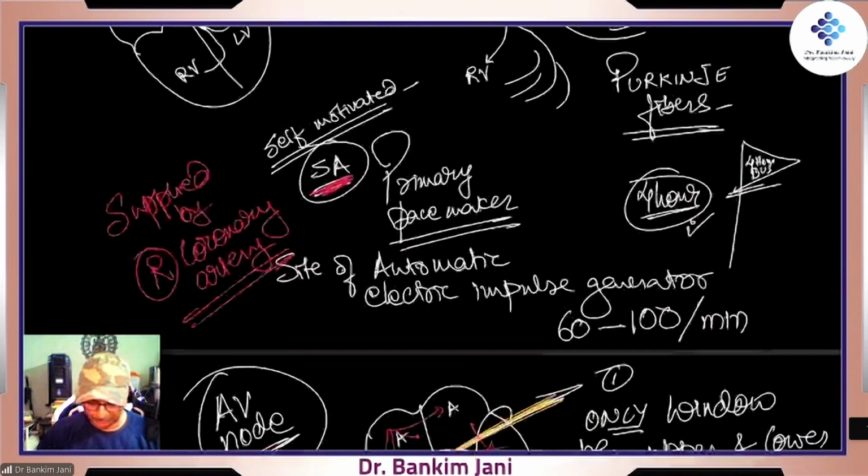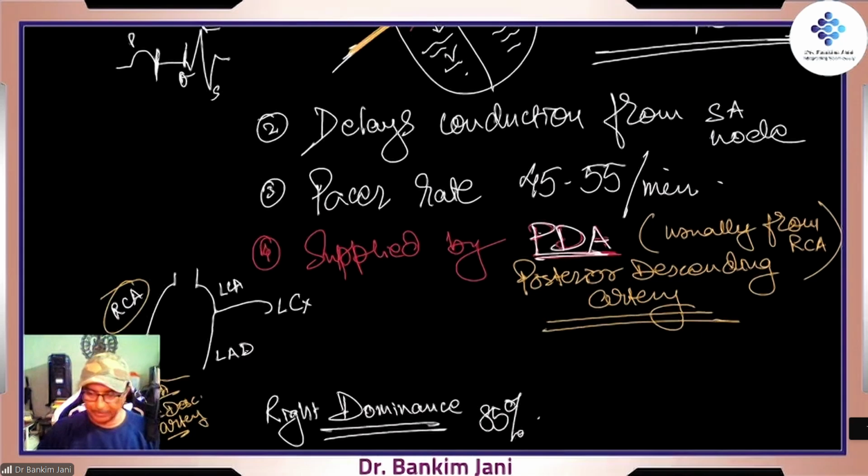This is the SA node and this one is the AV node, supplied by the PDA. But the PDA is a branch of the right coronary artery, so when it is supplied by the right coronary artery, we call it right dominance. When the posterior descending artery emerges from the left anterior descending, it is called left dominance. In most cases, about 85%, it is right dominance.